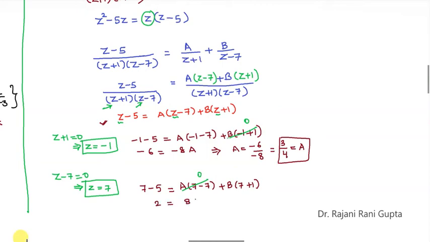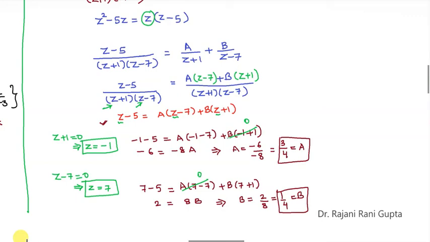It is equal to 8 times b. So this gives b is equal to 2 over 8, which gives you 1 over 4. Sorry, I made a mistake. It's not a, this is b, because a cancels out now. So this is the value of b.